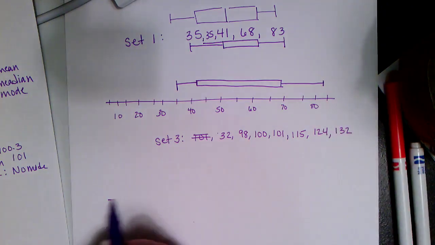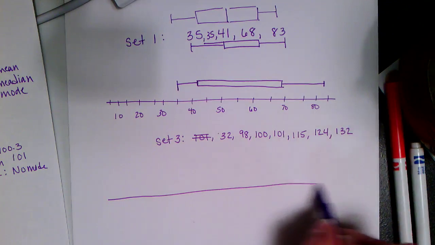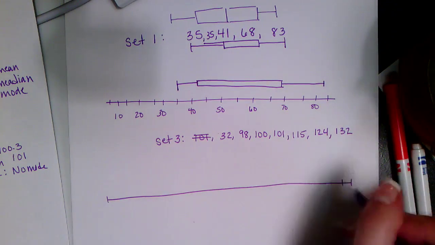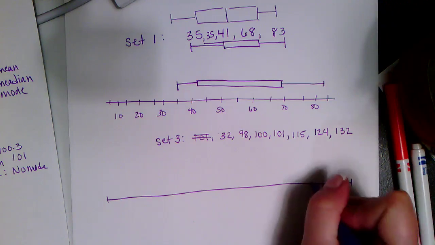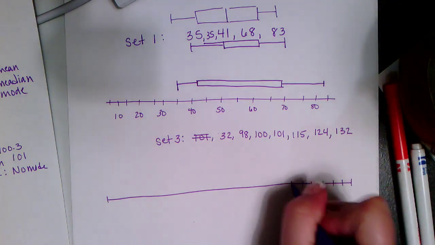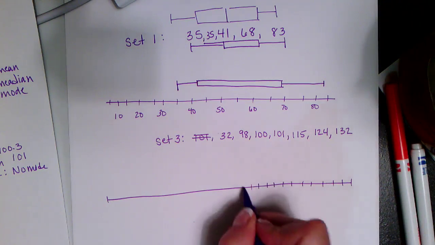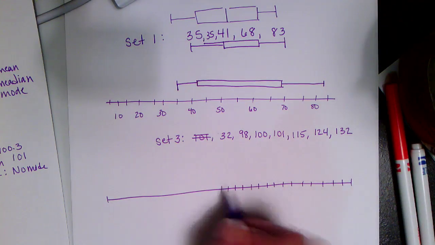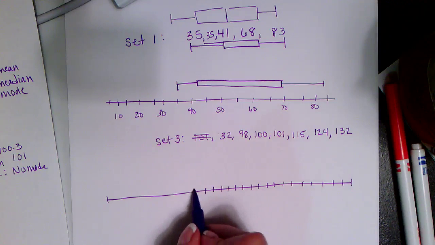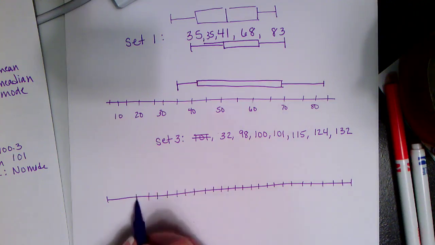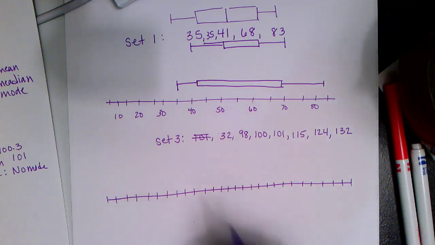All right, when I do my number line here, say 130, 120, 110, 100, 90, 80, 70, 60, 50, 40, 30, 20, 10, 5.